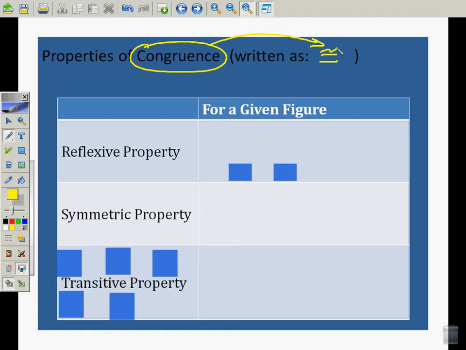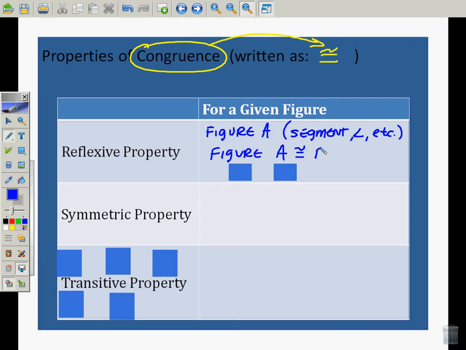For the reflexive property, if we're looking in terms of figures, we're going to say for a given figure A, which could be a segment, angle, etc., figure A is congruent to figure A. Okay?